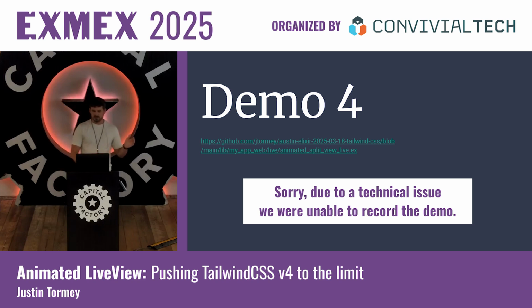We then calculate the left side size by doing 100% minus whatever that was. We have a constant that has to do with some offsets. And then we give this a group name for this animated split view. So that's kind of the setup code.